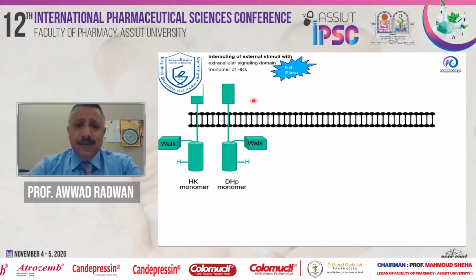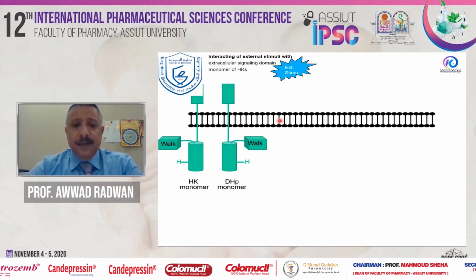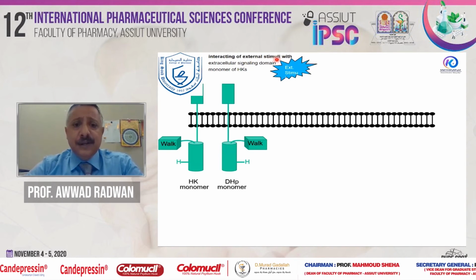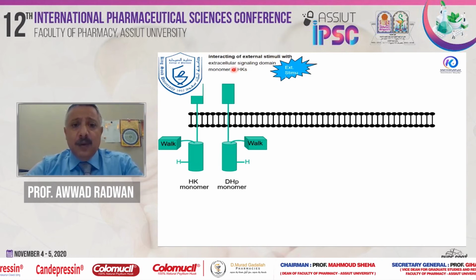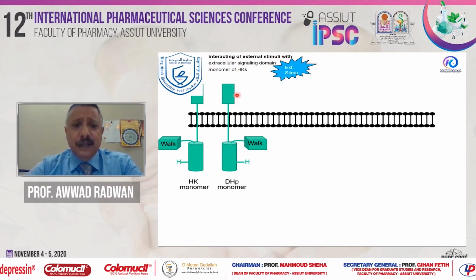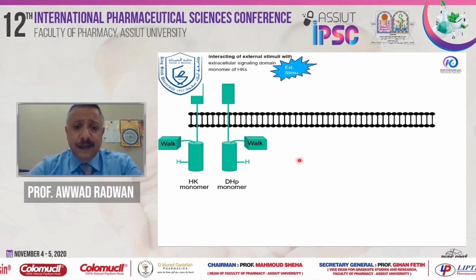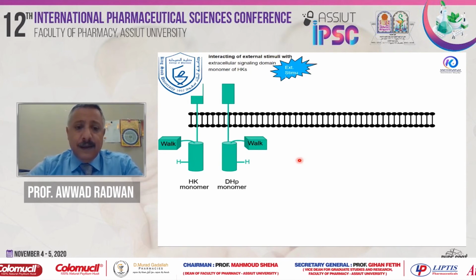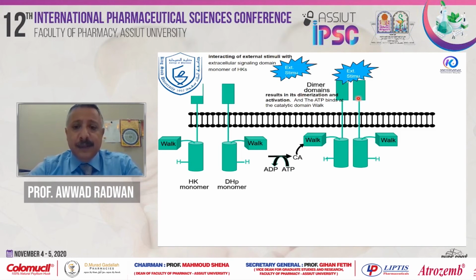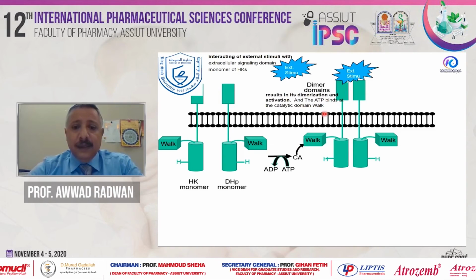The biochemical pathway of this molecular target: first, interaction with an external stimulus at the extracellular signaling domain of the histidine kinase monomer results in dimerization and ATP activation.